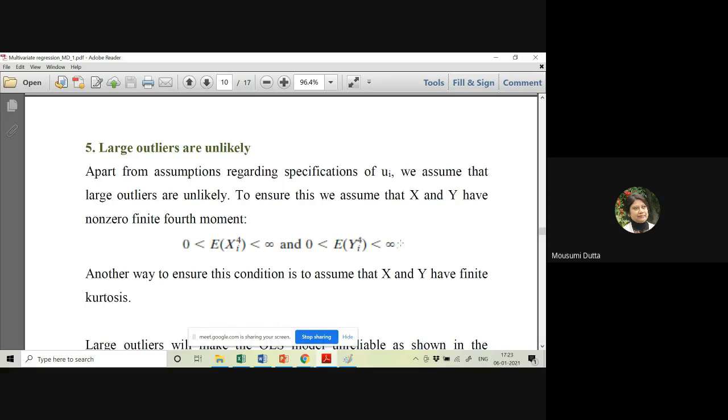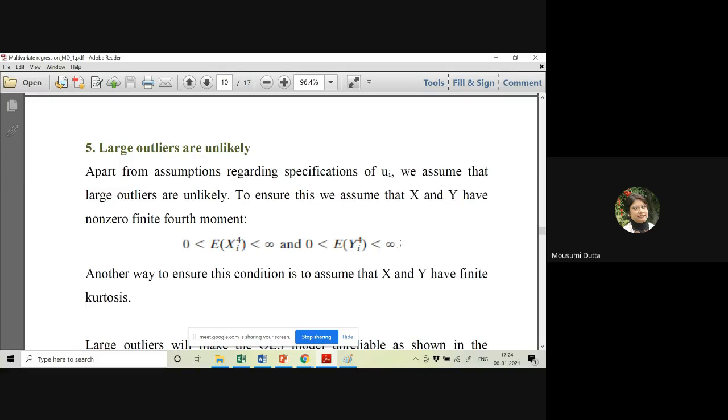Because while we are talking about this kind of regression analysis, it is a mean-based approach. We are considering the expected value of y given x. All of us know that if there are large outliers in the system, that is, if some x value is very dispersed compared to the rest, the mean will be affected a lot.